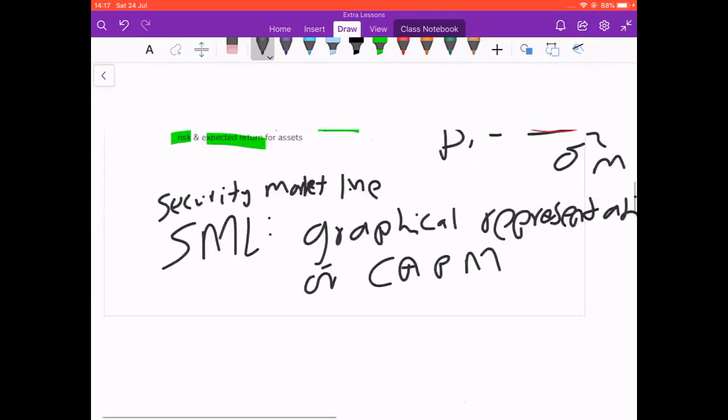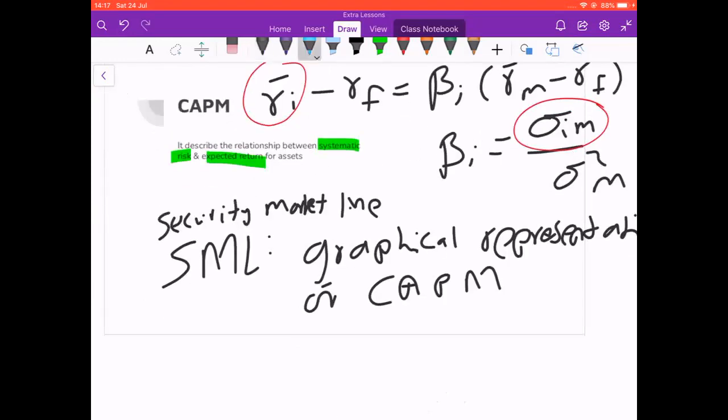So we already know that this equation over here is for CAPM.